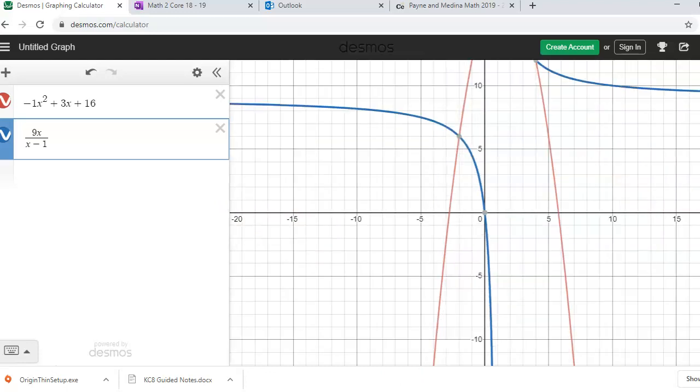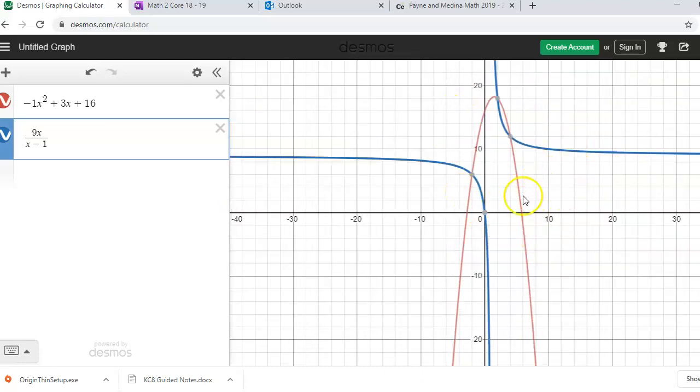I like to zoom out to make sure I see the whole graph because there could be hidden intersections, right? And we just look for the intersections.